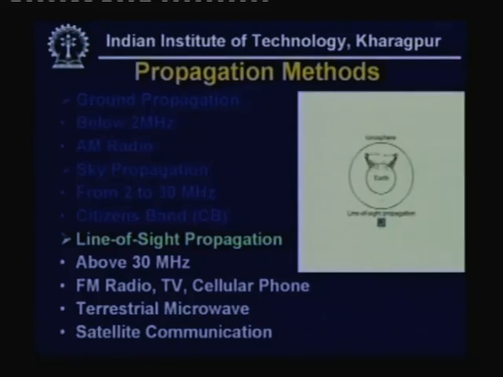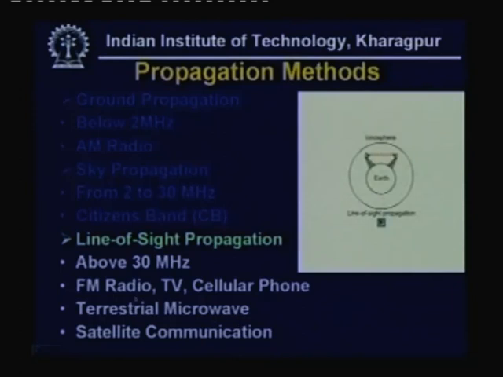You see you have got two antennas, both communicating with each other with the help of line of sight communication. In this case the requirement is that the antenna must be relatively quite high, so that line of sight communication is feasible.